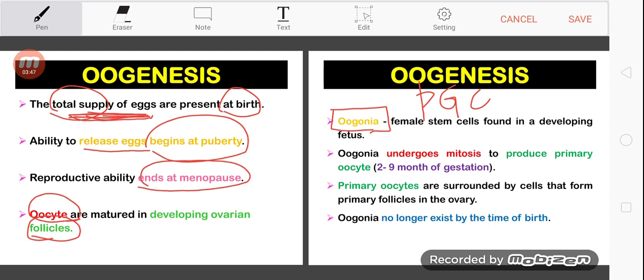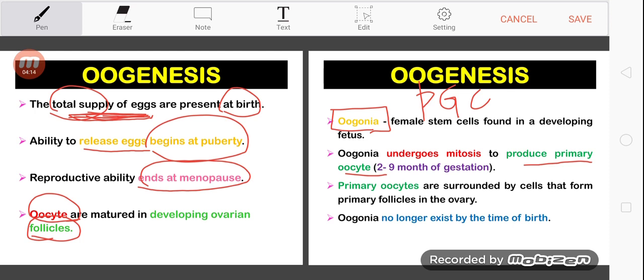Now that it has entered meiotic division, we call the egg a primary oocyte. So oogonia undergo mitosis to produce primary oocytes, which start meiotic division 1, arrested at prophase 1 during gestation.